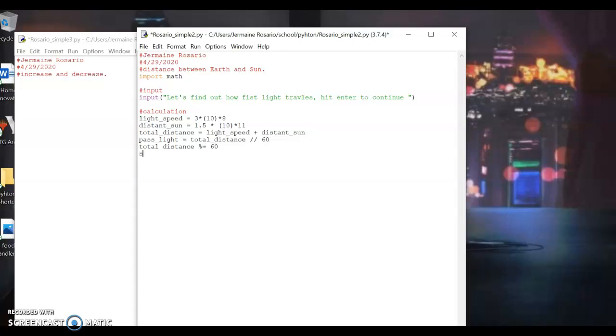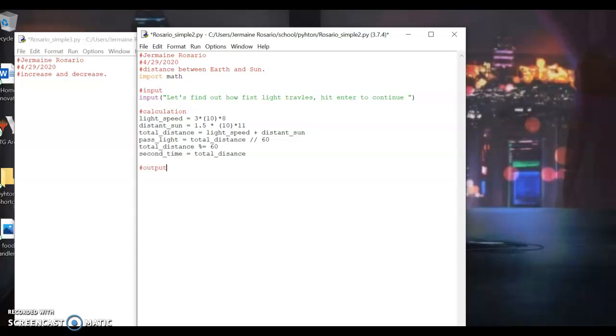And then for the seconds, and seconds for the time is equal to the total distance. Oops, I forgot the underscore between total and distance. To identify what second time is.